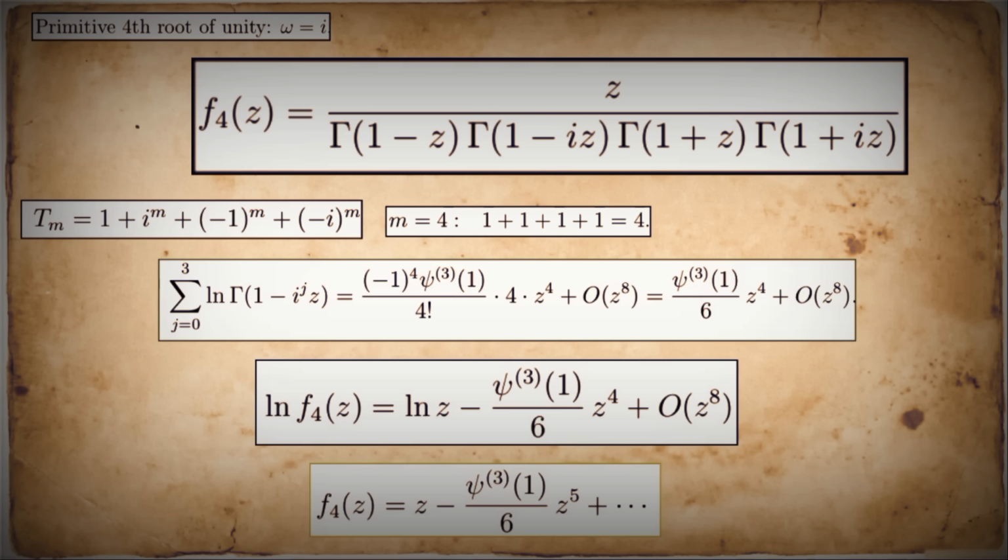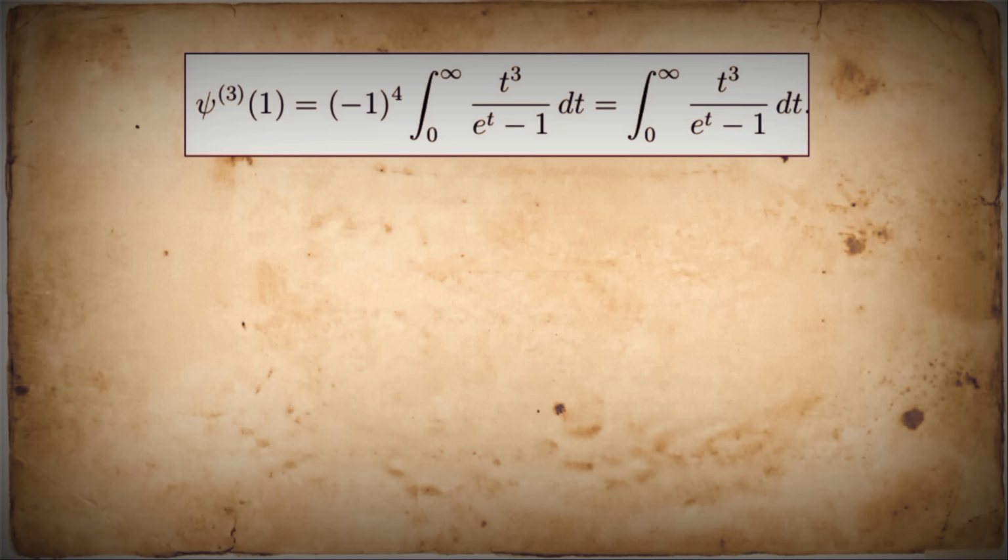Exponentiating and extracting the z to the fifth coefficient, the analysis side gives -1/6 times the third-order polygamma at 1. The third-order polygamma at 1 is the integral from 0 to infinity of t cubed over e to the t minus 1.